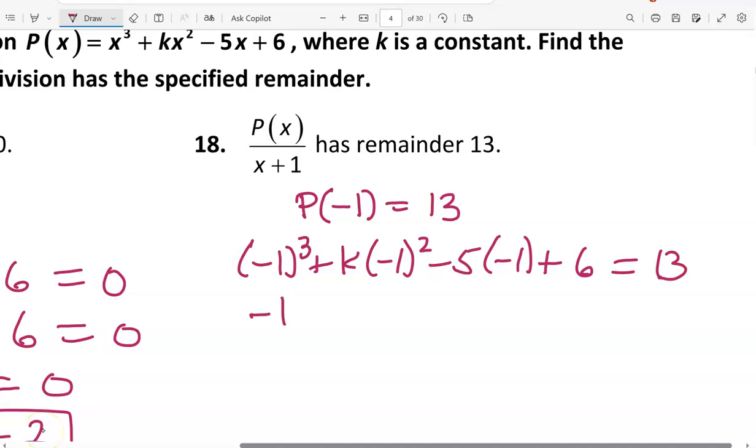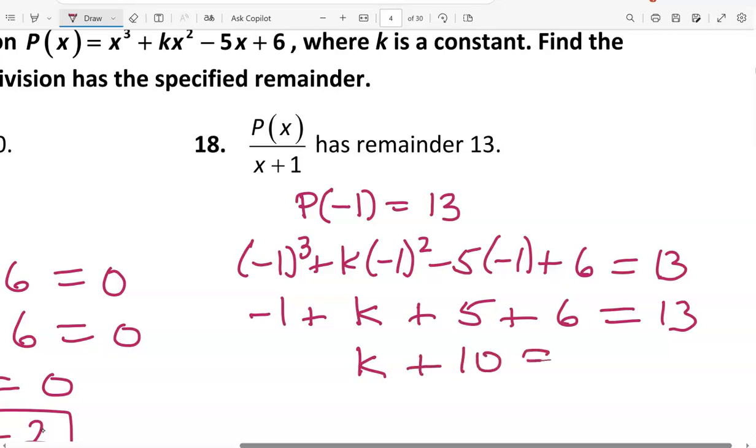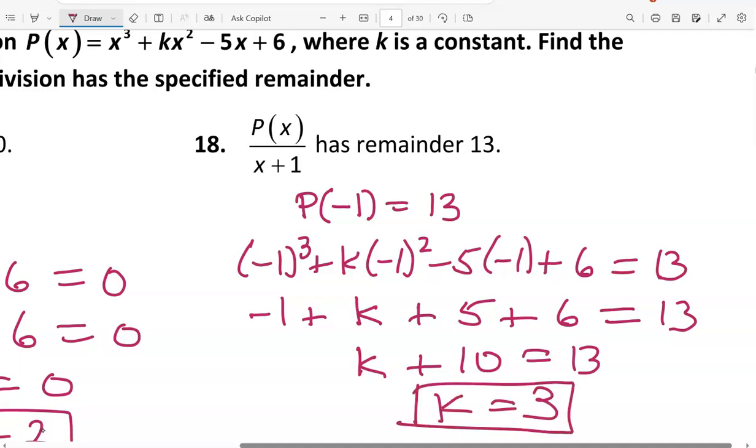Negative 1 cubed is negative 1. Negative 1 squared is 1, so that term is just 1 times k, which is k. Negative 5 times negative 1 is 5. And then plus 6 equals 13. Let's simplify. Negative 1 plus 5 is 4. 4 plus 6 is 10, so k plus 10 is equal to 13, and k must be equal to 3.